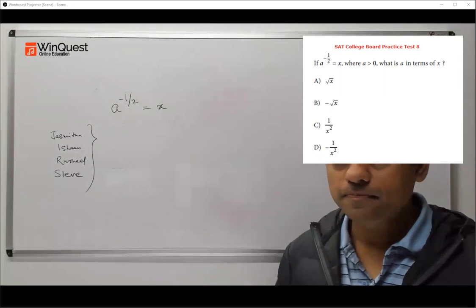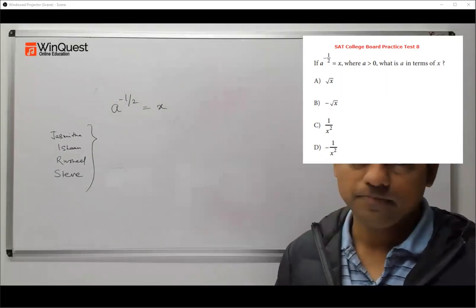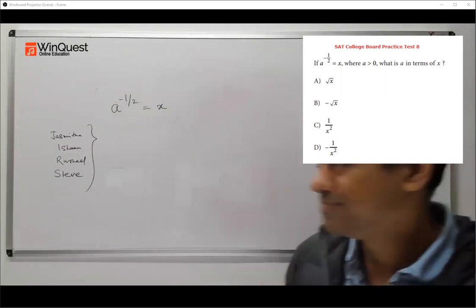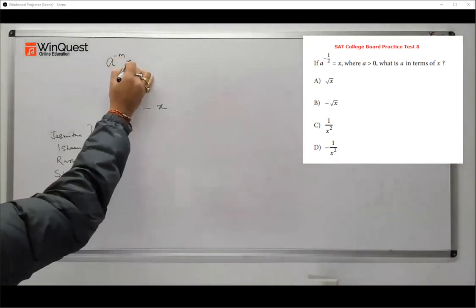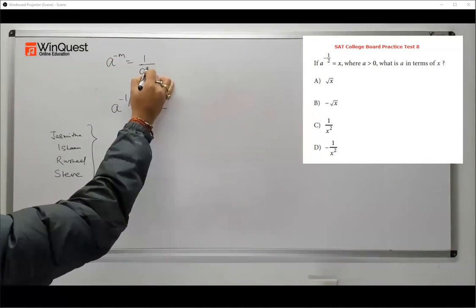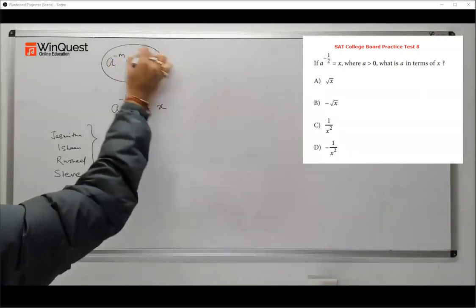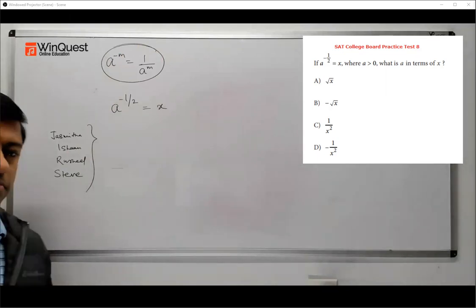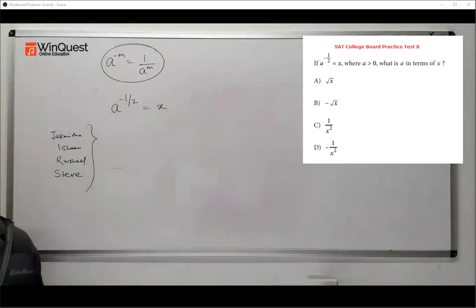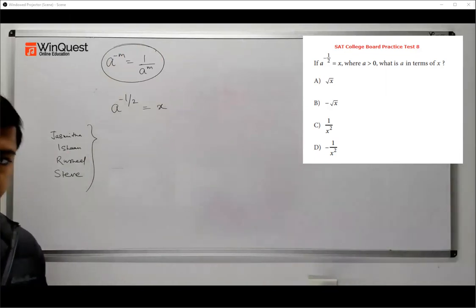It's a negative half. So when you have a number to the power of half, it becomes a radical, but since it's negative, I think it would be negative a squared.